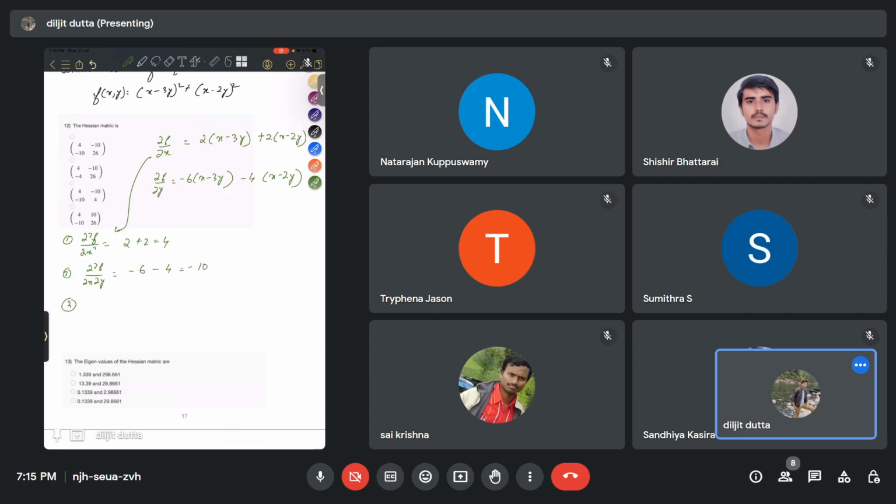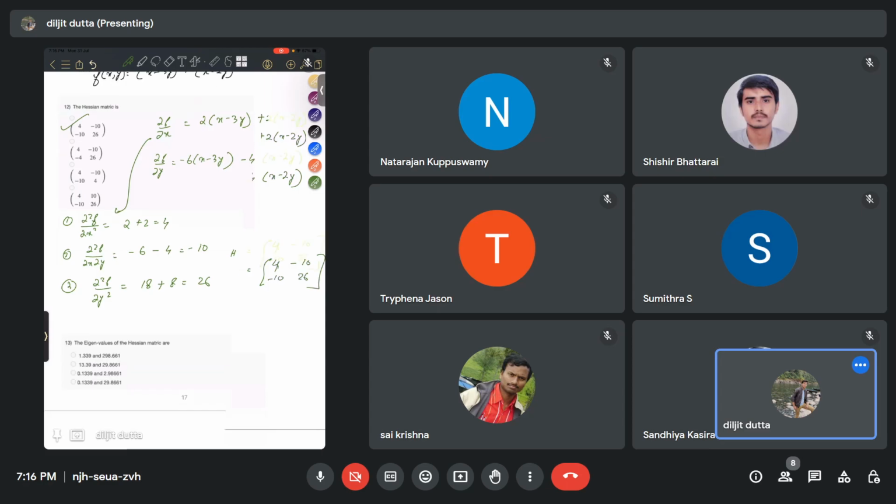And the third term is del square f by del y square. If we take this, I think it will be 18 plus 8, which is 26. So H is equal to [4, minus 10; minus 10, 26]. So I think, sorry, it will be option A, 4, minus 10 and 26.